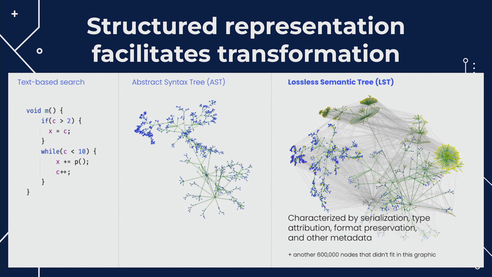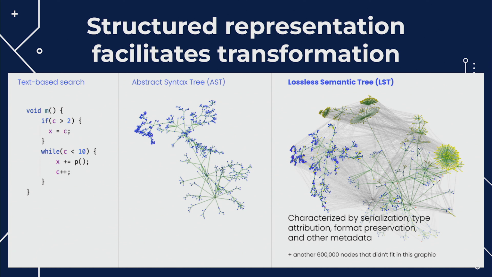And so the LST format, like I was saying, as programmers, we're all familiar with the textual representation of code. And if you work on compilers or parsers or otherwise remember the relevant class from college, you're probably also familiar with an abstract syntax tree.